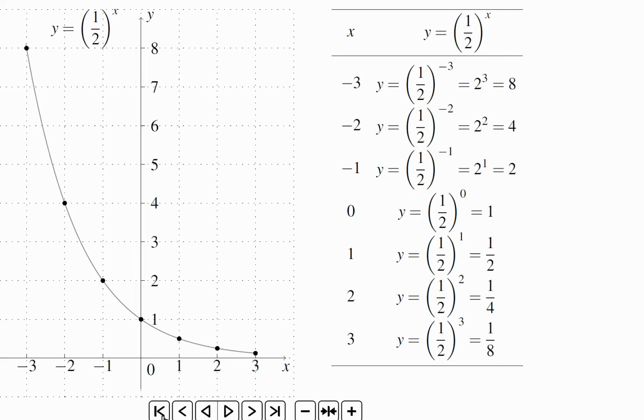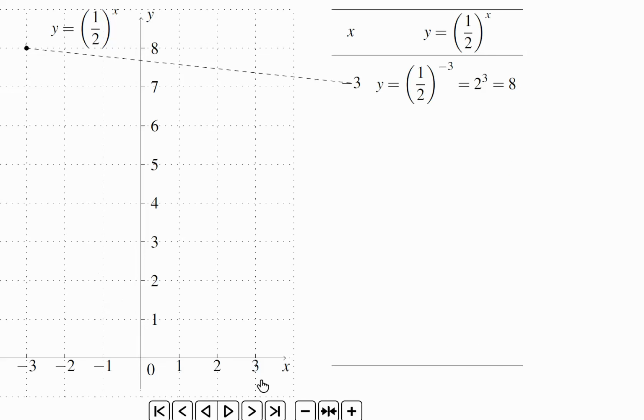So we can look at this picture frame by frame. x equals -3. 1/2 to the -3 is basically 2 cubed. You eliminate the negative sign by flipping the 1/2. That will be 2/1, which is 2.